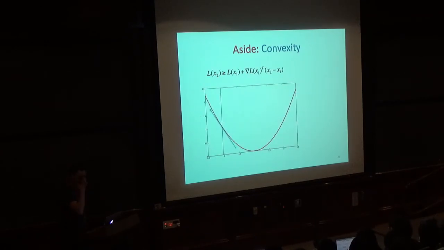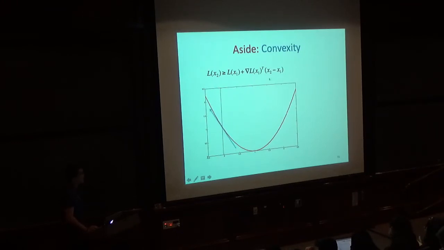Another way of writing convexity is the following form. For any 2 points, x1 and x2, the function at x2 is always greater than or equal to the function at x1 plus its locally linear extrapolation. It's a locally linear surface. So basically, this describes this blue line right here.